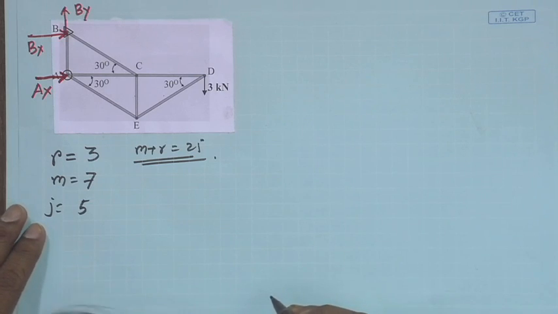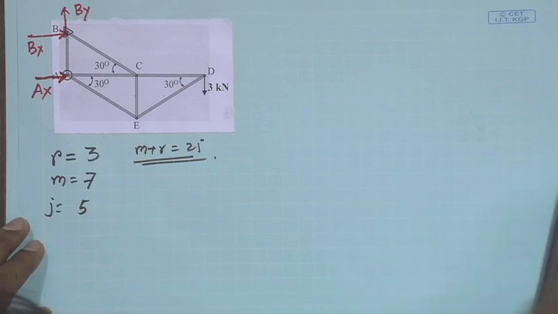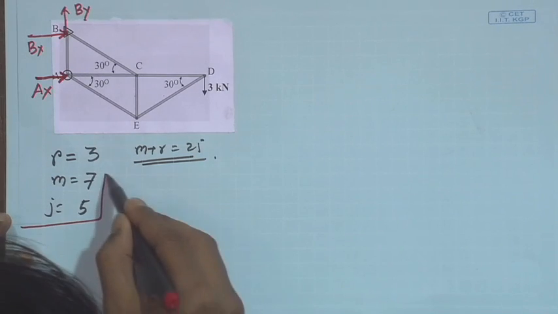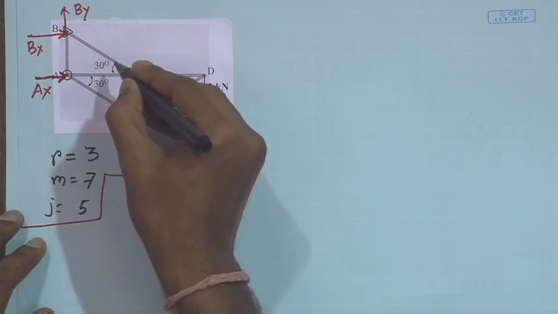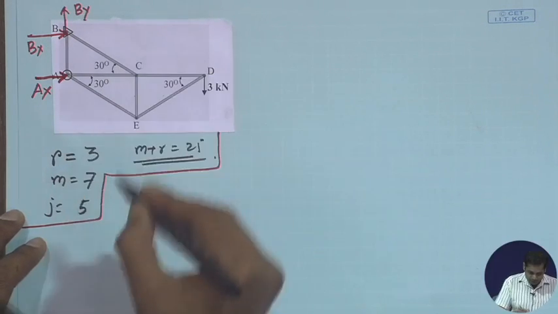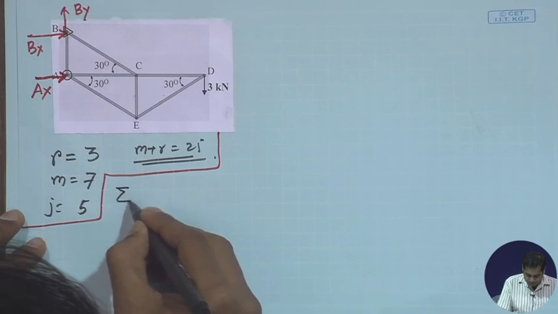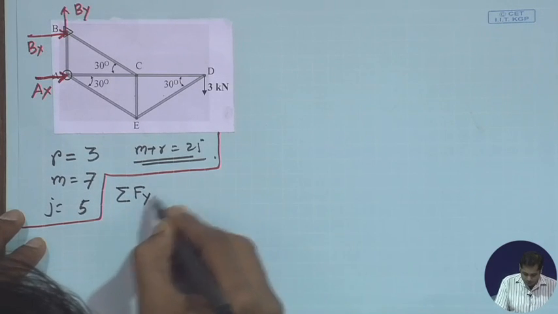On this free body diagram, if we apply the equilibrium equation, first is summation of Fy is equal to 0.